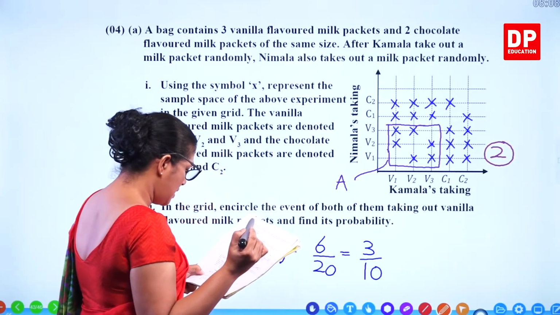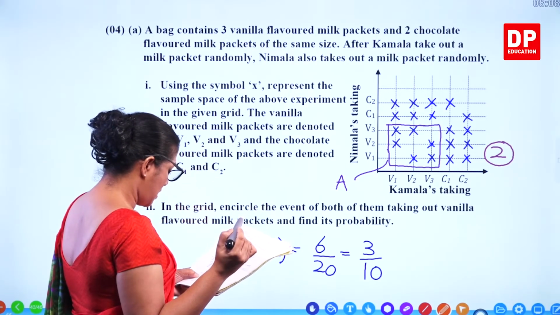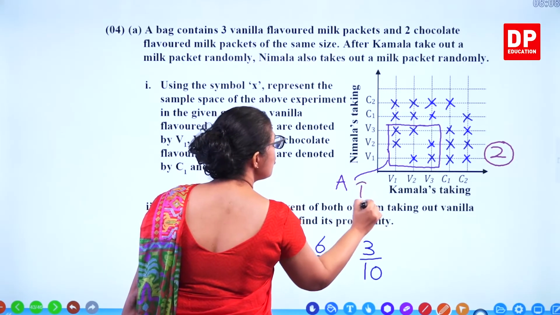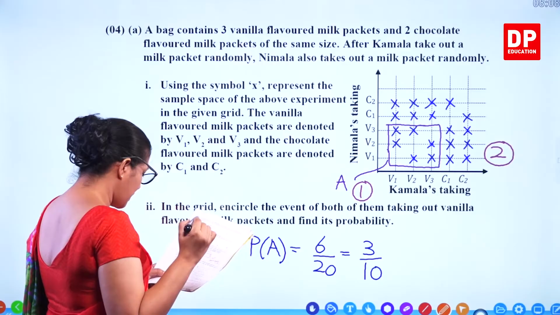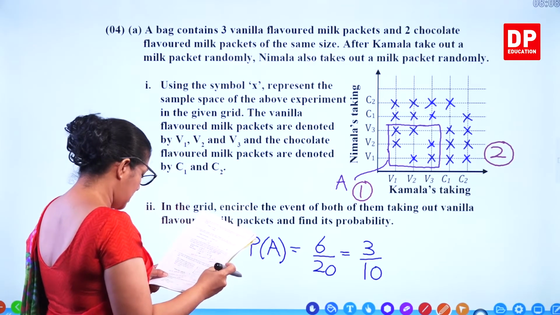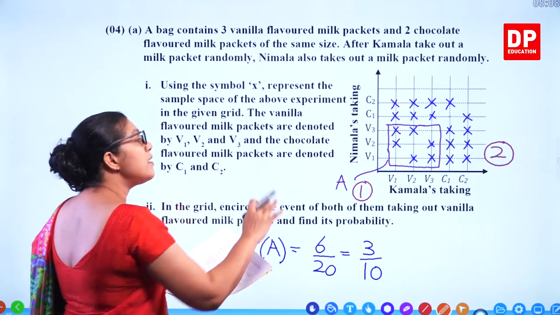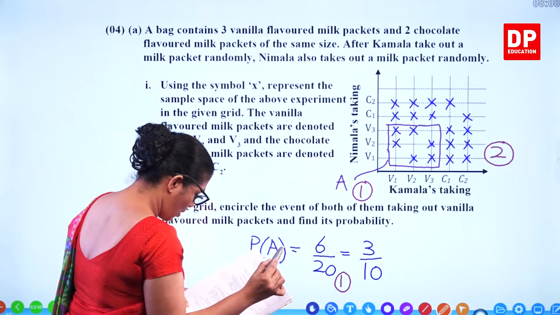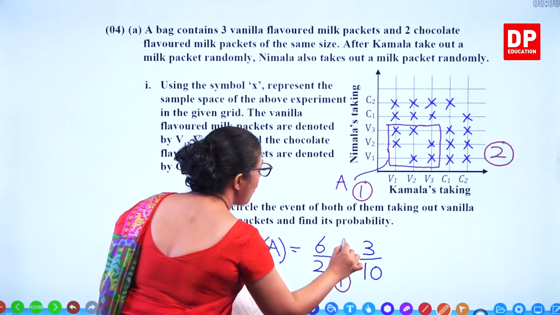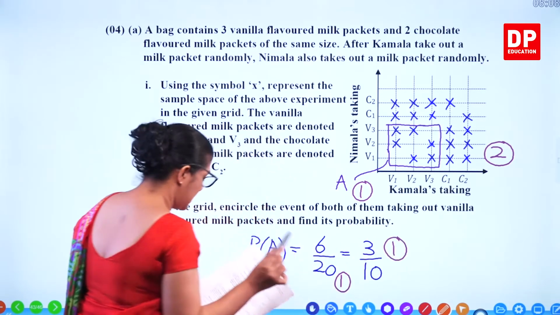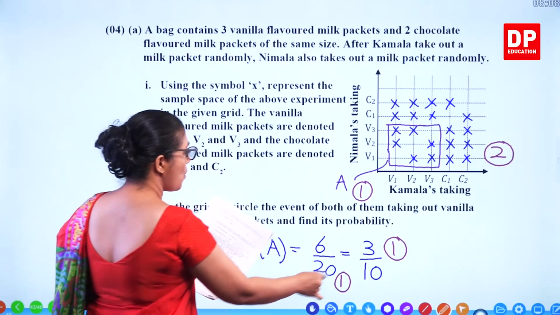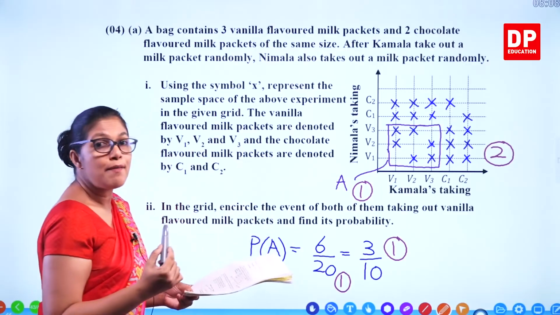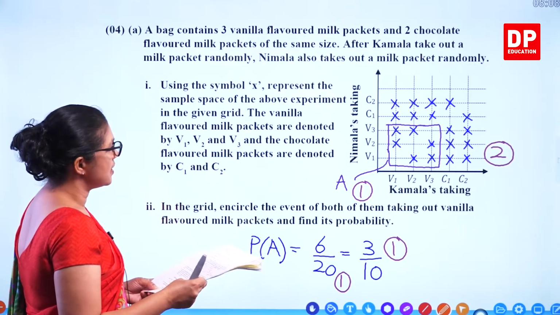And then you get 1 mark for this part, identify the correct region. 1 mark there. And identifying 20 outcomes are there altogether, 1 mark. And 1 mark for this probability. So altogether 5 marks for the first part.